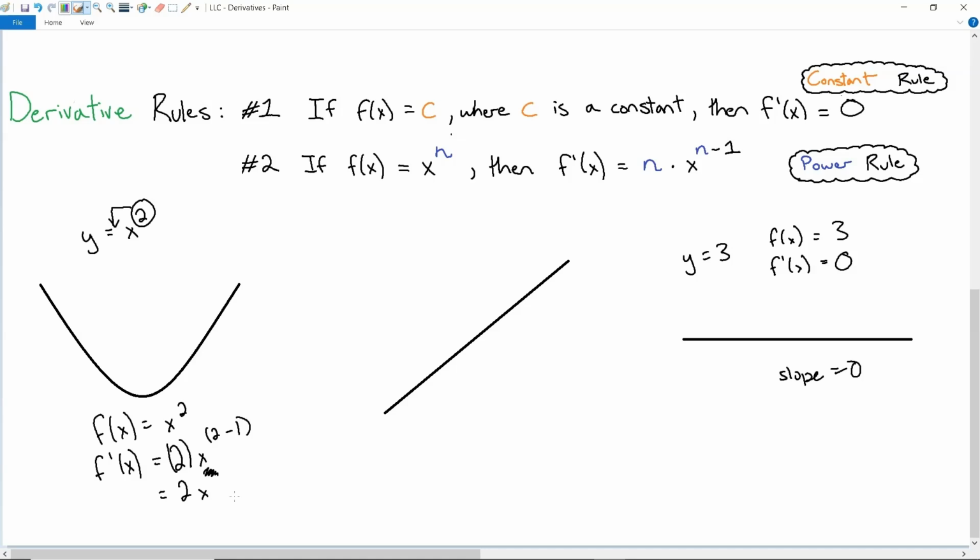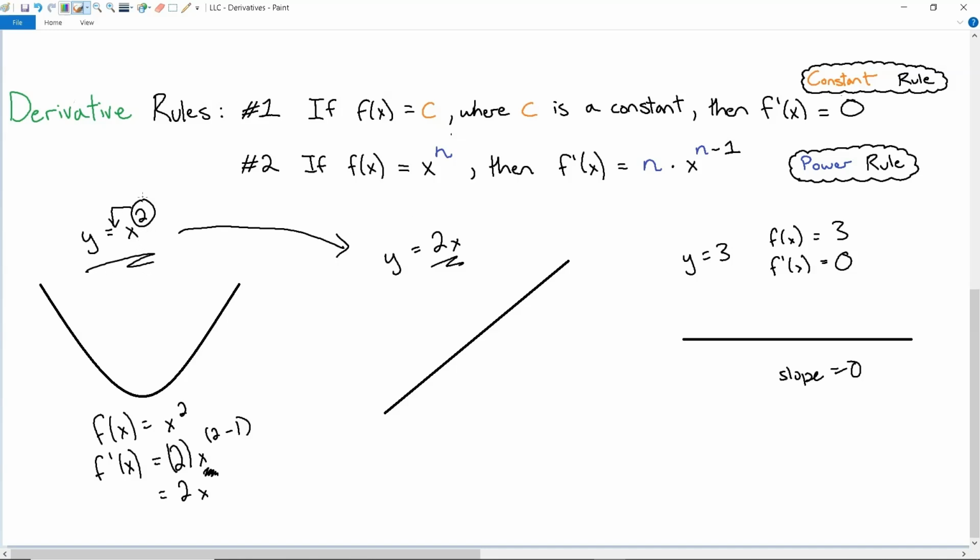Now, what that means is the equation 2x represents the slope of x squared. And this is actually a graph of 2x. So what you'll notice is as we take the derivative of a function, the derivative is going to be a degree lesser than the original function.